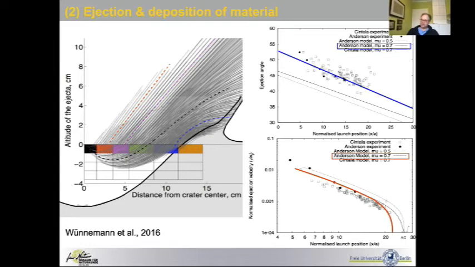Of course, this is a bit of a cloud. The angle is a bit scattered. It's less scattered when you look at the ejection velocity. But that also shows that you don't have well-sorted material by ejection. So when you look at the different shock stages, you mix them all up in the ejecta.